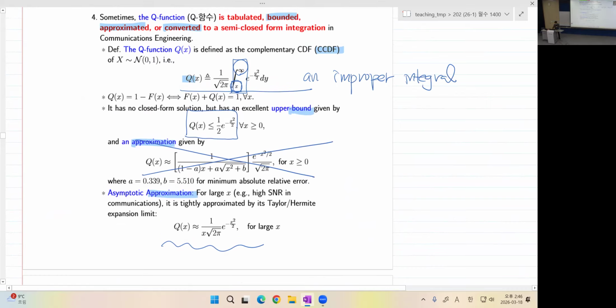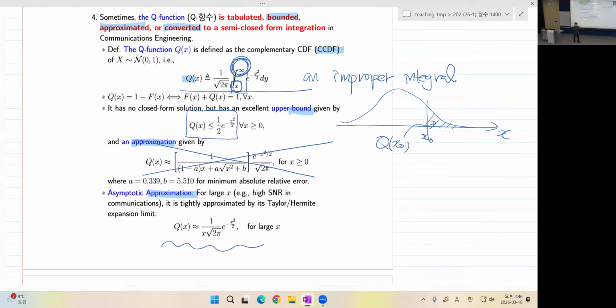And as you see, here you have plus infinity, which means that if you numerically integrate this function, you integrate, for example, Q of x0, this area, from x0 to a sufficiently large number, right? But you don't know what the sufficiently large number is. And your tail probability may be very, very important.